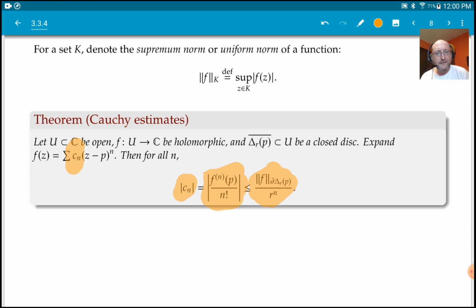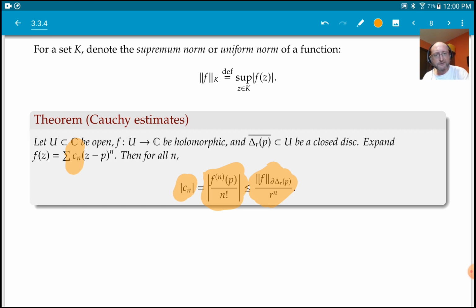Right? So you can see there's a little bit of a trade-off for this estimate: how large of a circle can you fit in, the better estimates in terms of the values can you get, right?